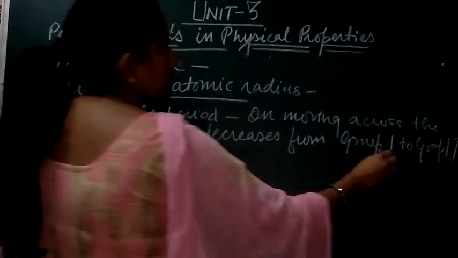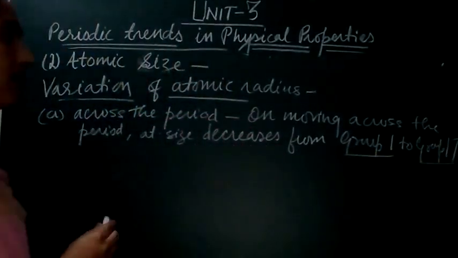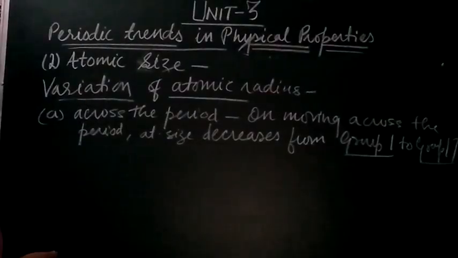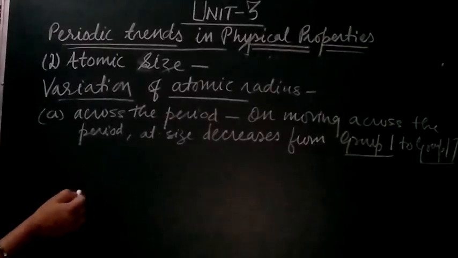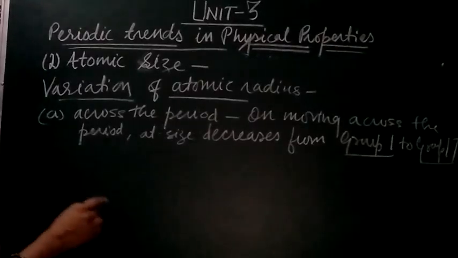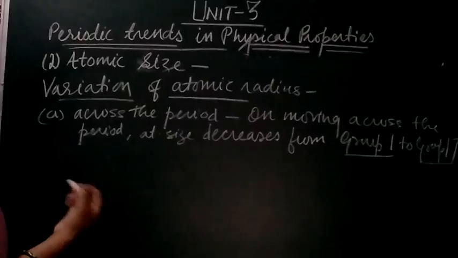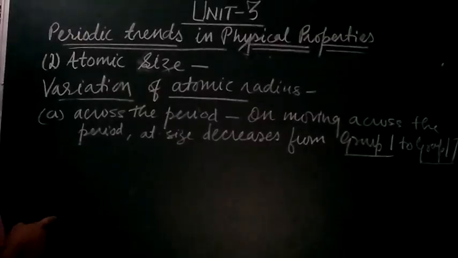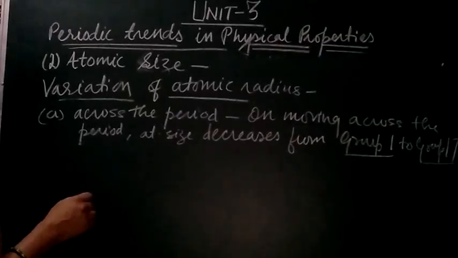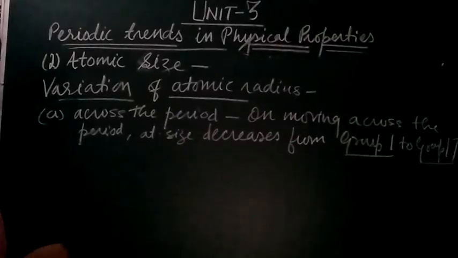Right? So can you tell why? Because with every increase in the atomic number, there is an increase in the nuclear charge. One electron will be added. With increase in the atomic number, there will be increase in the number of electrons in the same shell, right? And simultaneously the number of protons in the nucleus is also going to increase, right?